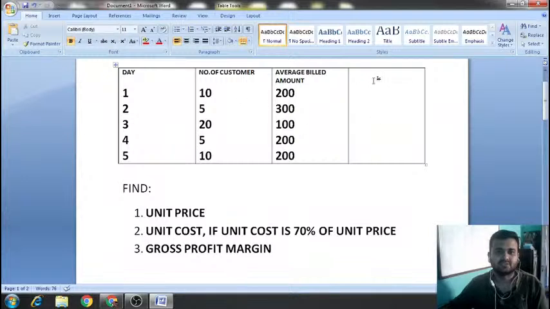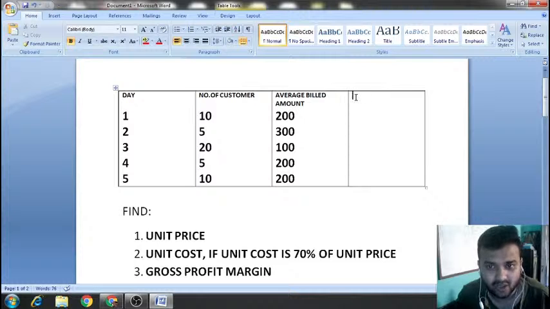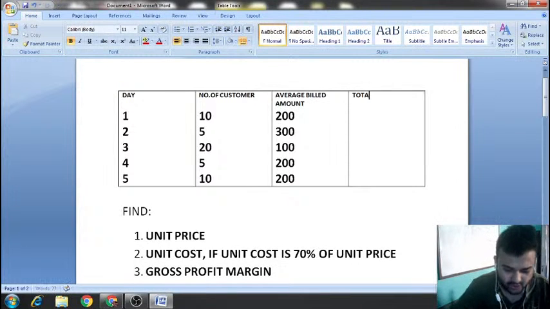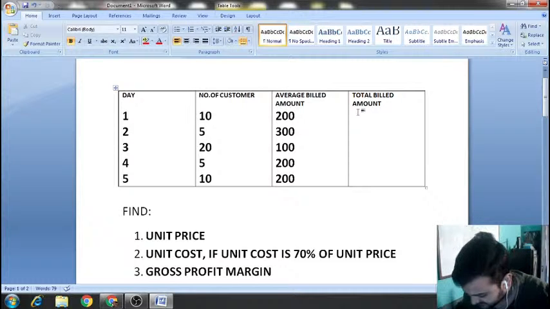Okay, chalo. Now we'll start solving this question. Once you get this question, you have to copy each and everything. Only one extra column will come, that is total billed amount. Here you know this is your average billed amount, and here you have to find out your total billed amount.